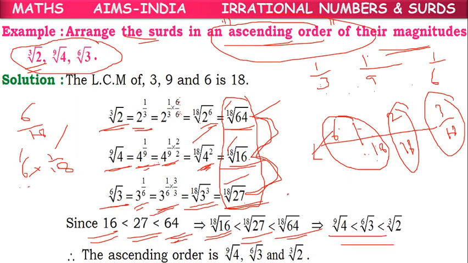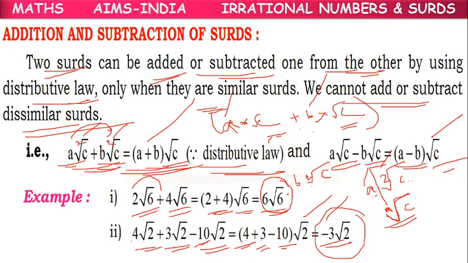Ascending order is also like comparison only. After writing them in the same order, we can compare them. We can arrange them in ascending order or descending order. Addition and subtraction is possible by the distributive law if they are similar surds.